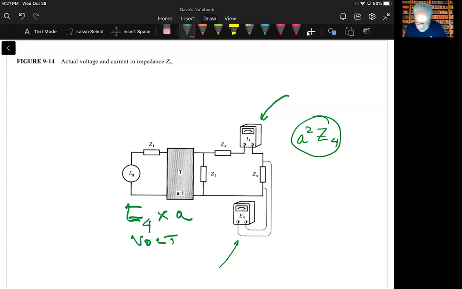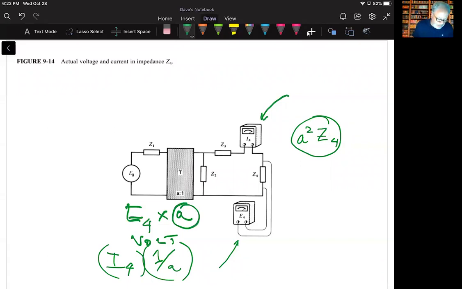On the other hand, the current through that impedance would be equal to I4 times 1 over A. So in other words, whenever the impedance is transferred to the primary side, the real voltage across the impedance increases by a factor of the turns ratio, and the real current decreases by a factor of the turns ratio.